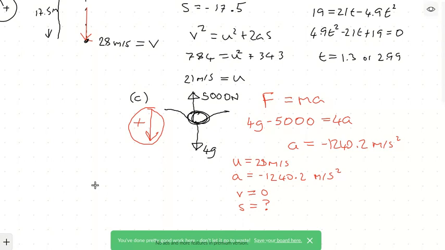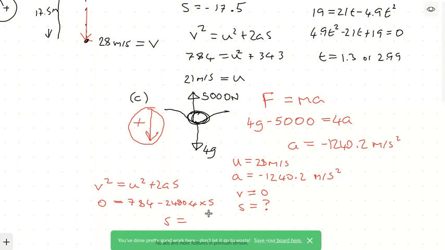Well, then it's a v squared is u squared plus 2as problem. And if you plug those numbers in, you're going to get 0 equals 784 minus 2480.4 times s. And eventually that should give you, well, let's have a look, 2480.4 divided by 784.